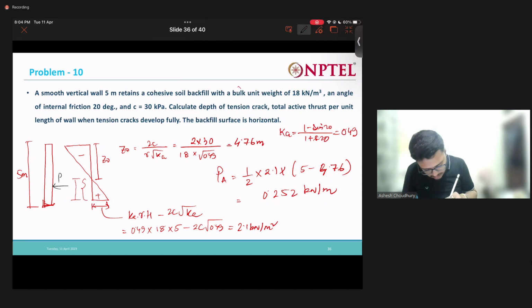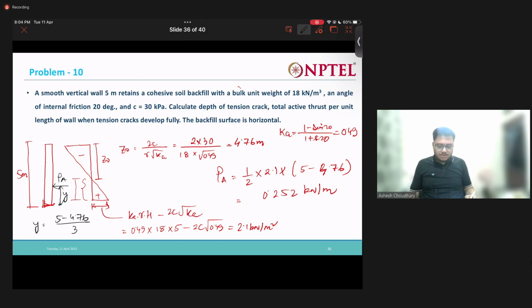PA will act at y equal to 5 minus 4.76 divided by 3, which is 0.08. So is it clear? The upper portion we are just not taking into consideration. We are taking the area of the bottom triangle.